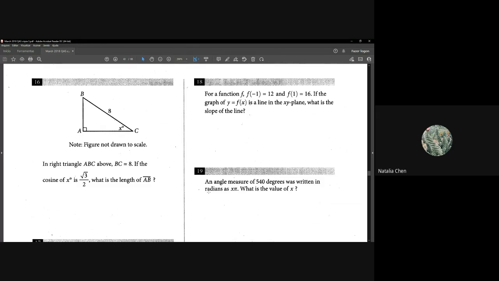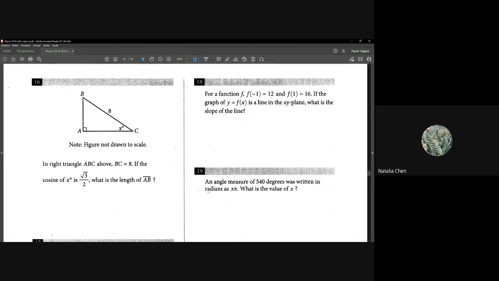Cosine of x, cosine é adjacent over hypotenuse. Adjacent over hypotenuse, quer dizer que dividiu por 4. Porque what's the length of AB?